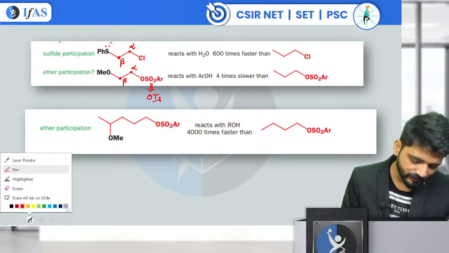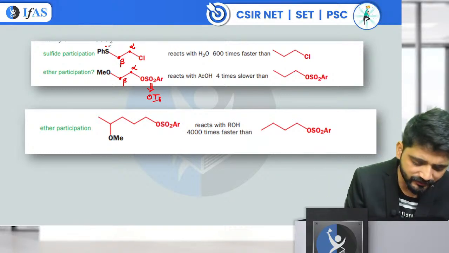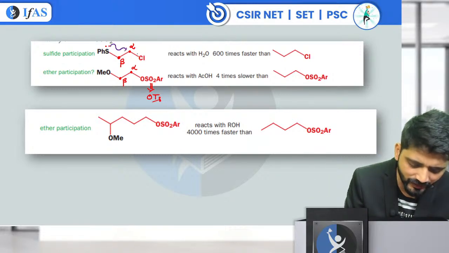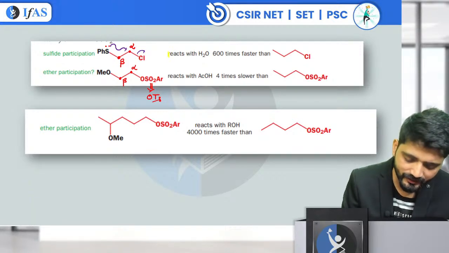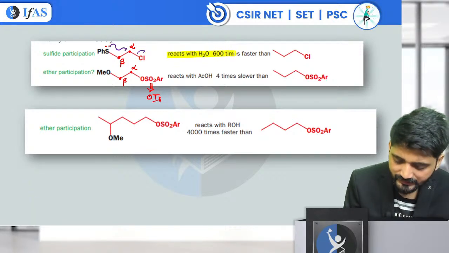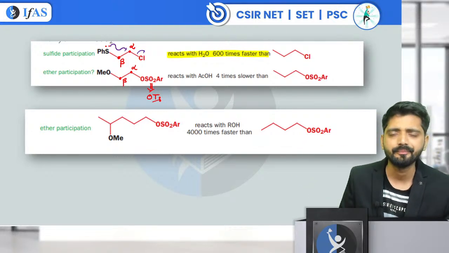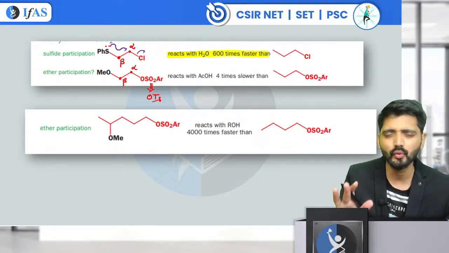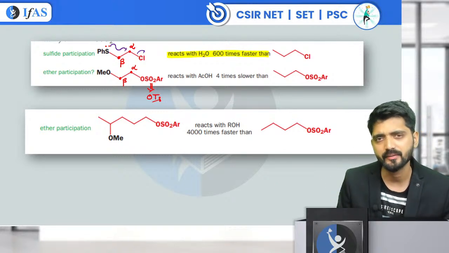In the first scenario, it was expected that the rate of the reaction is going to be high, and it is happening also. The sulfur will attack and the Cl will leave. It is saying that it will react with water 600 times faster than the substrate which they are showing here. It is expected. Yes, sir, the lone pair is present here and it will attack. Neighboring group participation is taking place.